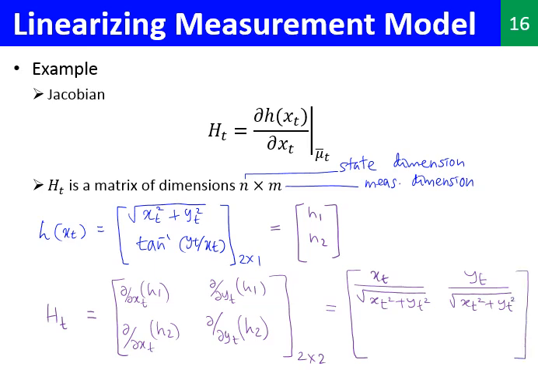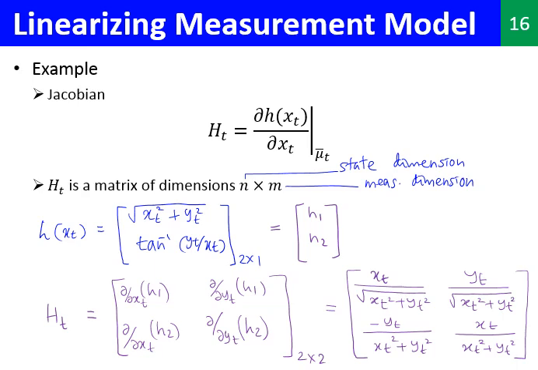So what about the second row? We take h2, which is tan inverse of yt over xt, and when we take the partial derivatives we get minus yt over xt squared plus yt squared, and here we get xt over xt squared plus yt squared.